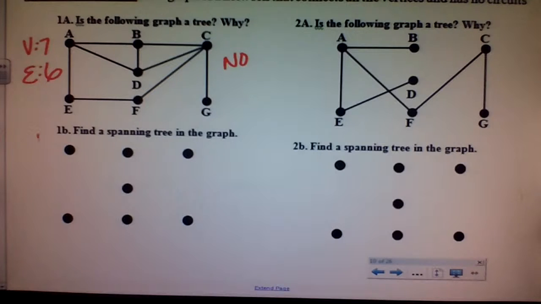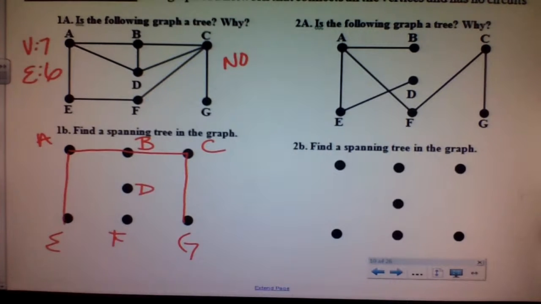Okay? So if this is A, B, C, D, E, F, and G, what edges do you want to use to create a spanning tree? A to B, B to C, C to G, and then A to E, E to F, and then B to D. Okay, that works.